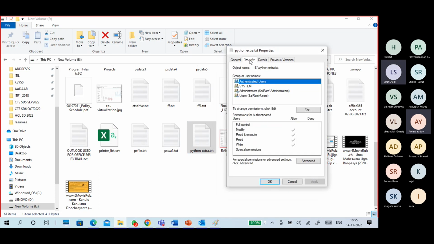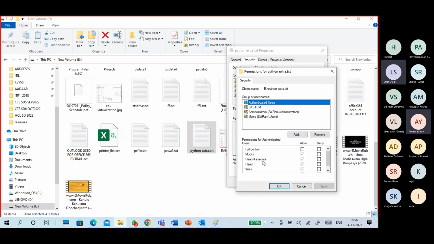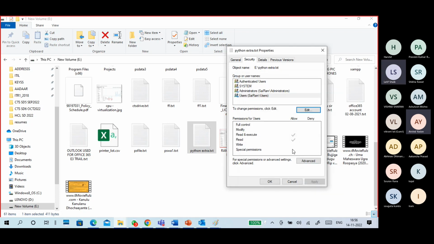It is security. In this security, can you see read, write, full control, allow, deny. Meaning, you allow a user to read a file but not write. It means the user can read it but cannot modify. If you give permission, the user can both read as well as write, so automatically the user can modify the file.